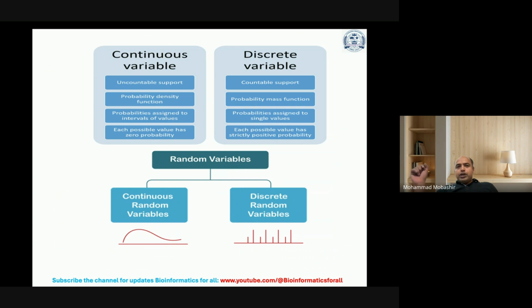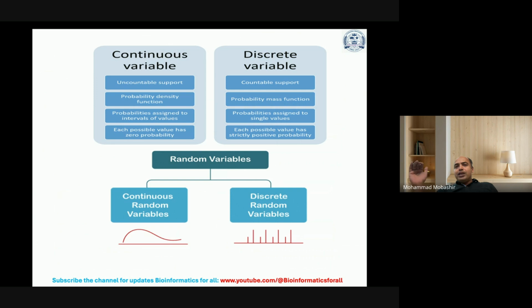So the next part is, what are the major differences between continuous and discrete variables? Continuous variable: uncountable support, probability density function, probabilities assigned to intervals of values. Each possible value has zero probability. Now in discrete: countable support, probability mass function, that is PMF. In continuous, it is called PDF, probability density function.